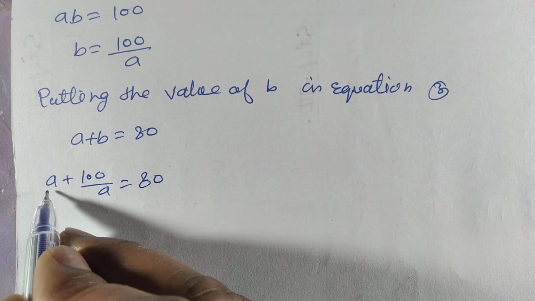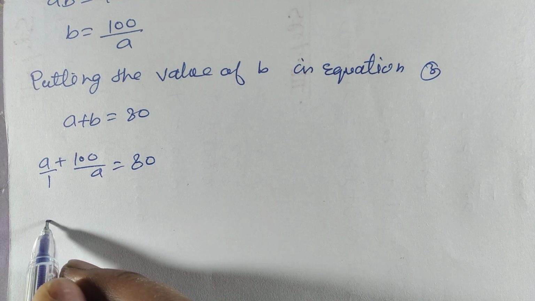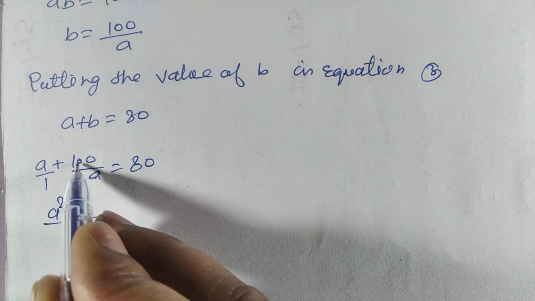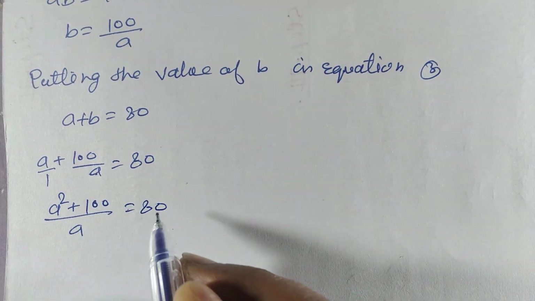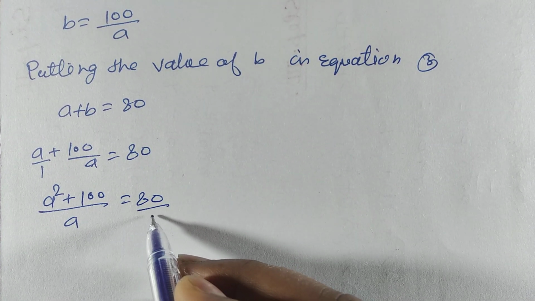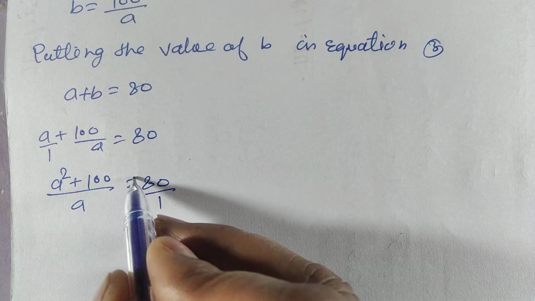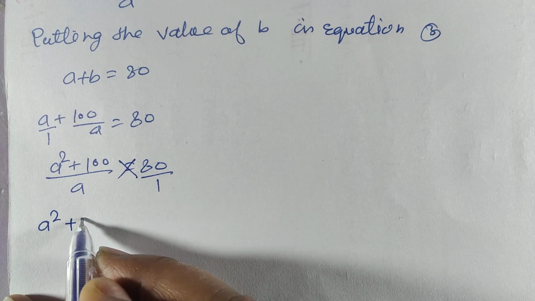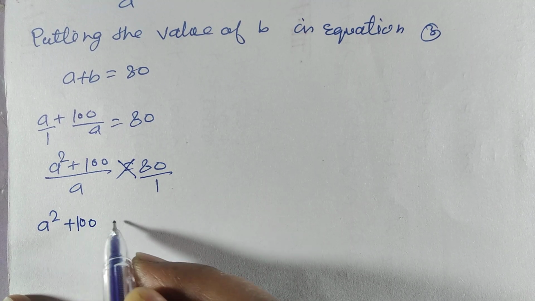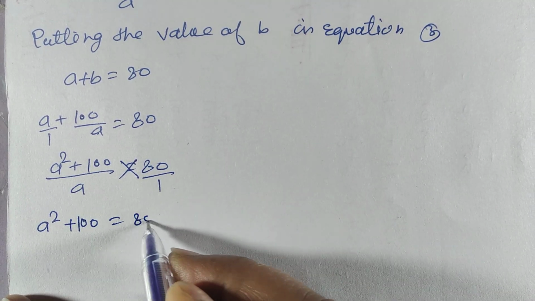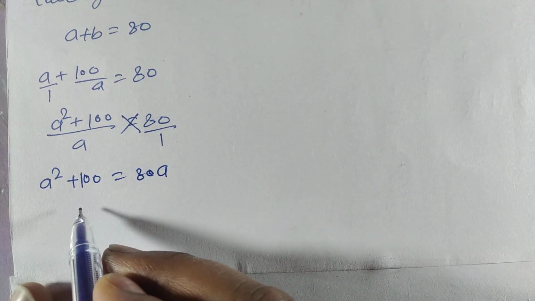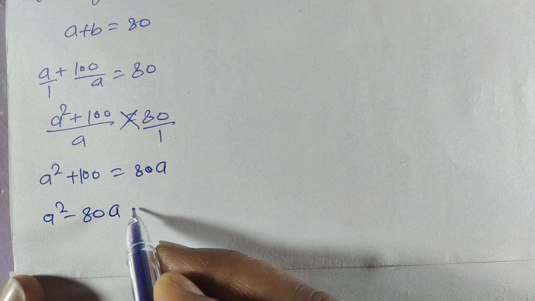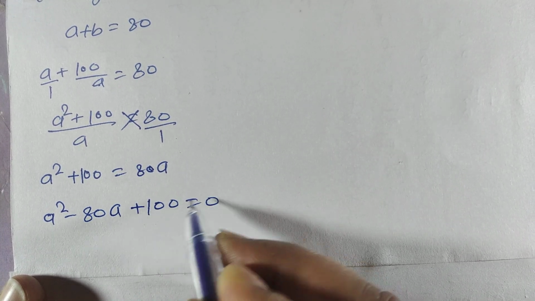Taking LCM, a times a is a square plus 1 into 100 is equal to 80. Now cross multiplying, a square plus 100 is equal to 80 into a. Moving 80a to the left side, a square minus 80a plus 100 is equal to 0.